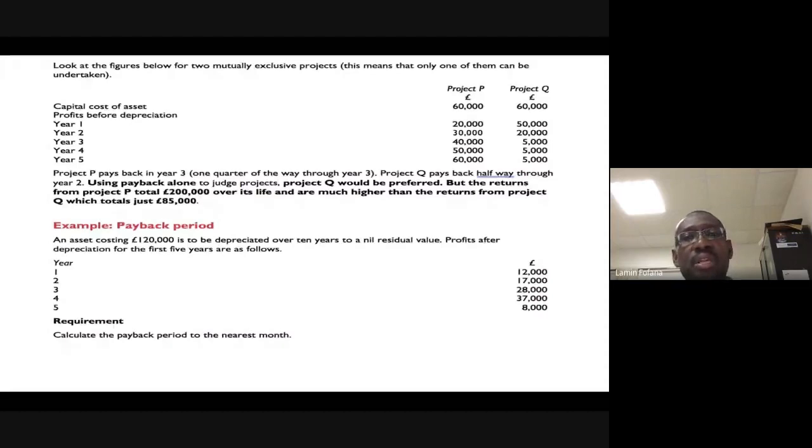Okay, so let's go through it quickly, and we will just do one example, and then that will be it for the day. Then on Saturday, we're going to look at compounding and discounting. On Saturday, it's going to be loaded.